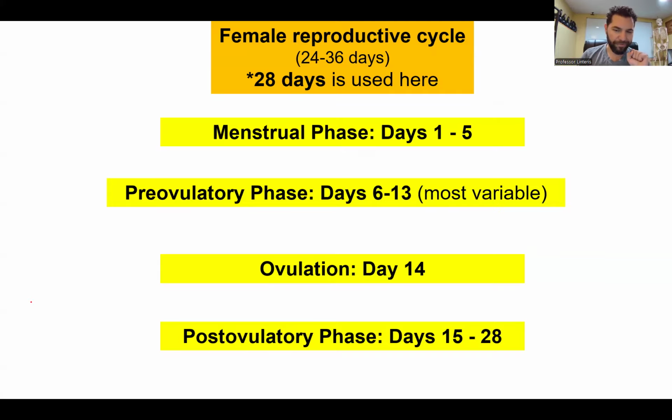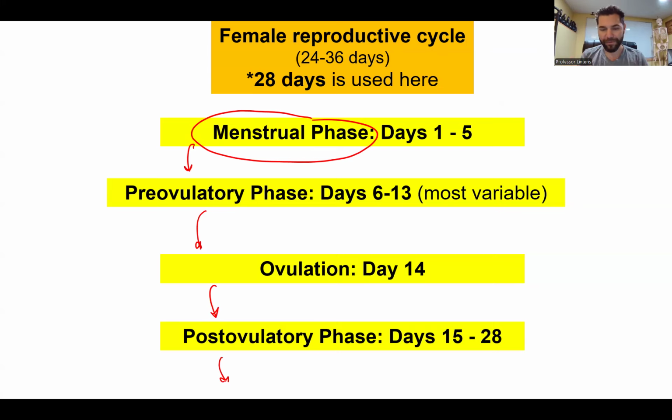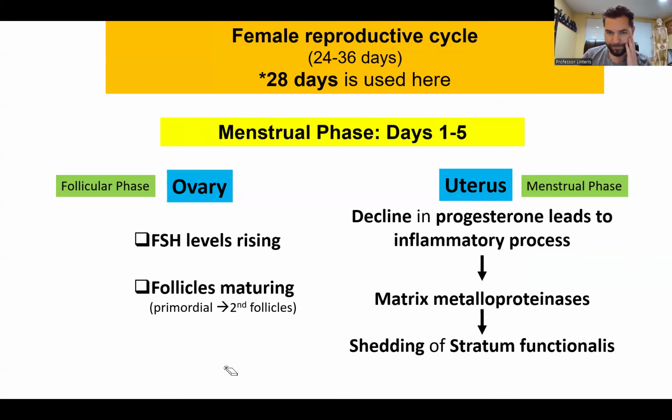Ovulation obviously is usually around day 14, and then the post-ovulatory phase is after. So big picture here, we are going in sequential order from menstrual, pre-ovulatory, ovulatory, post-ovulatory, and then clearly back to here, right? So let's break it down. We're using 28 days. This is what's going on.